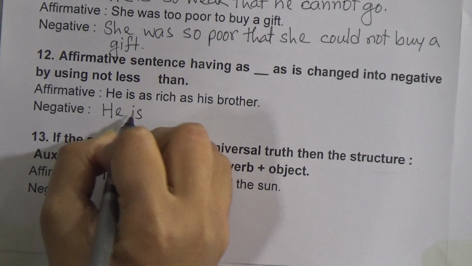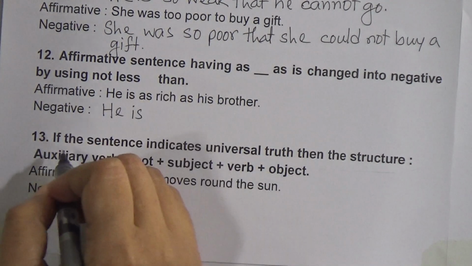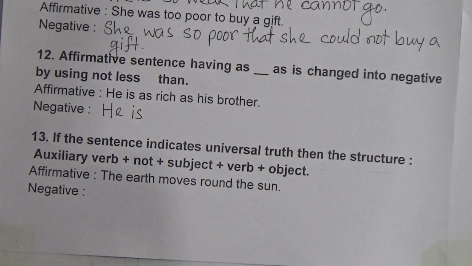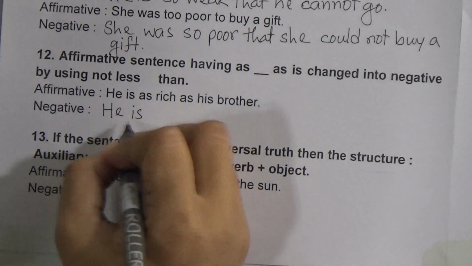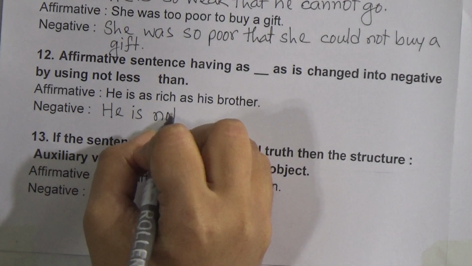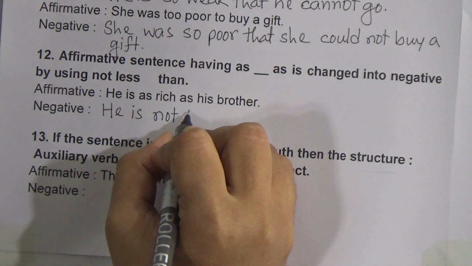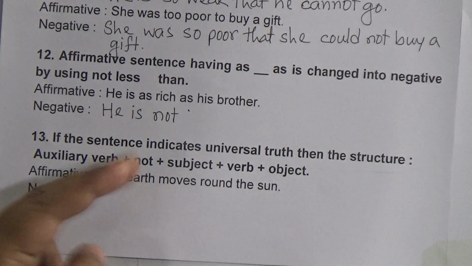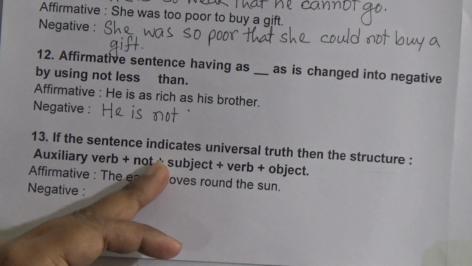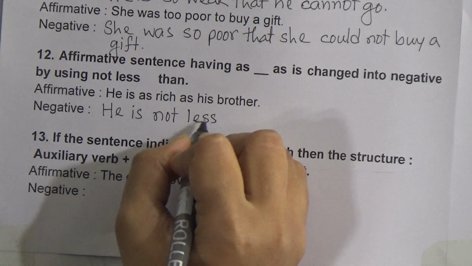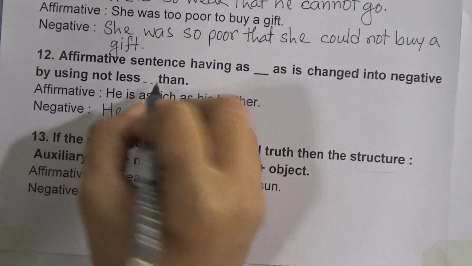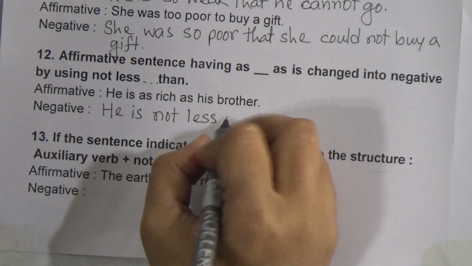At first we will write our subject and then the verb, and now in place of as we will write not less than. He is not less.